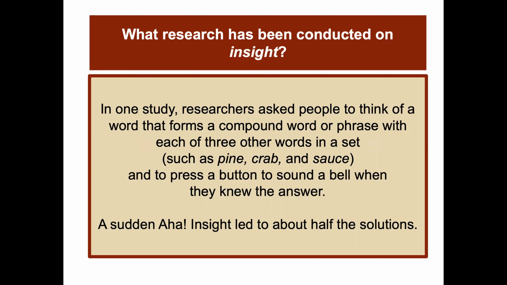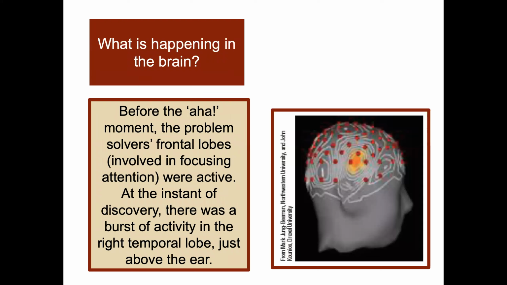So what was happening in the human brain when this insight occurred? Where were things lighting up in terms of the neural imaging? So before the aha moment, the problem solver's frontal lobes involved in focusing attention were active. At the instant of discovery, there was a burst of activity in the right temporal lobe, just above the ear. You can see where it's highlighted on this image.